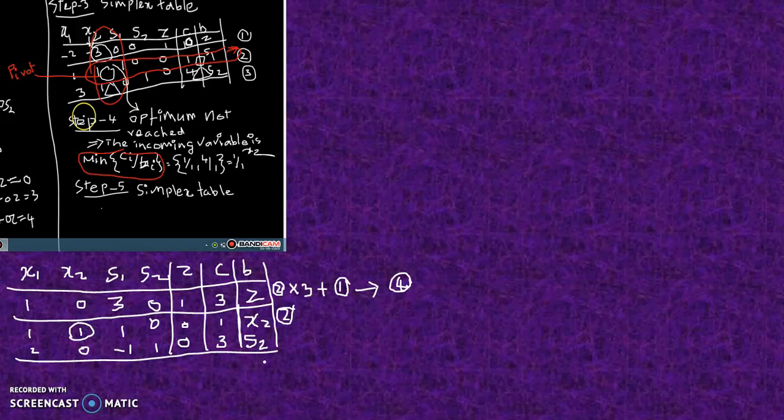What operation did we do here? Multiply equation number 2 by minus 1, then add with equation number 3. You will get this, equation number 5.